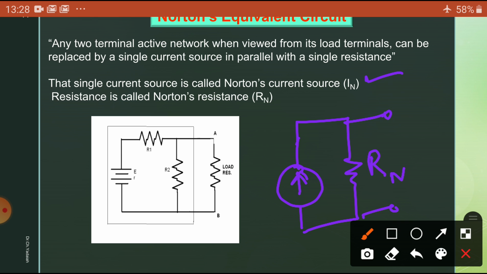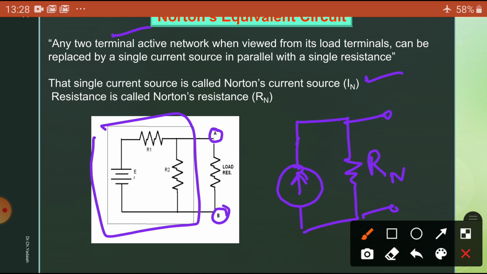This is the meaning of any two terminal active network: this network with two terminals A and B, viewed from its load terminals, can be replaced by a single current source in parallel with a single resistance.